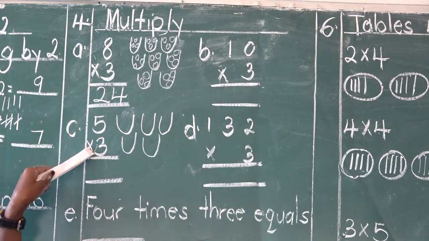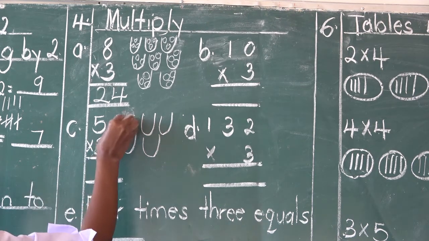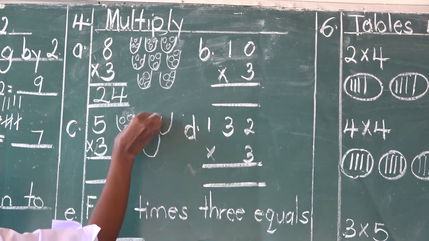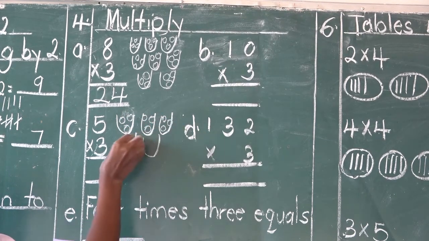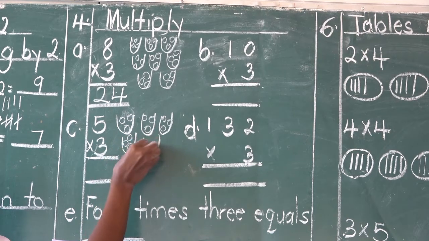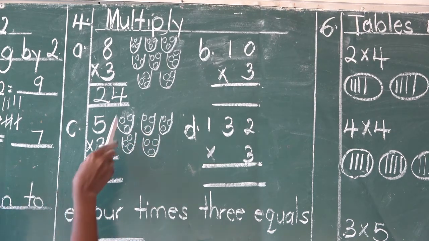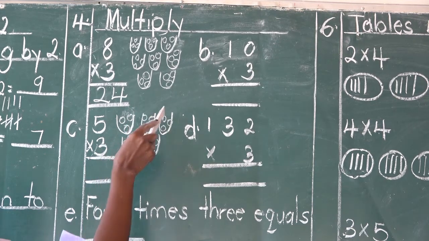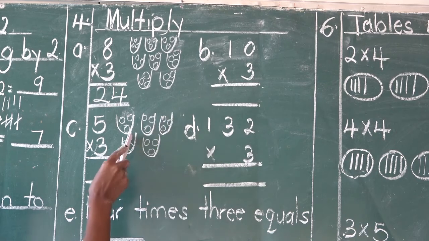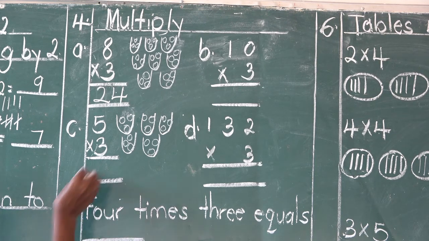In each group we put 3: 1, 2, 3. Now we are putting them together: 1, 2, 3, 4, 5, 6, 7, 8, 9, 10, 11, 12, 13, 14, 15. 5 times 3, we shall get 15.